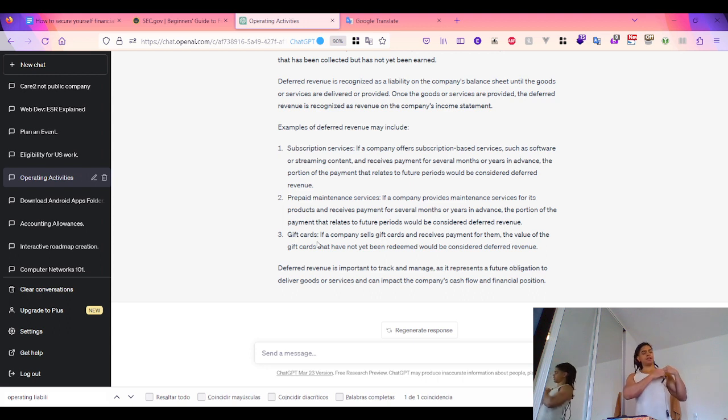Interesting, because this is the perspective here: the accrued expense and deferred revenue.